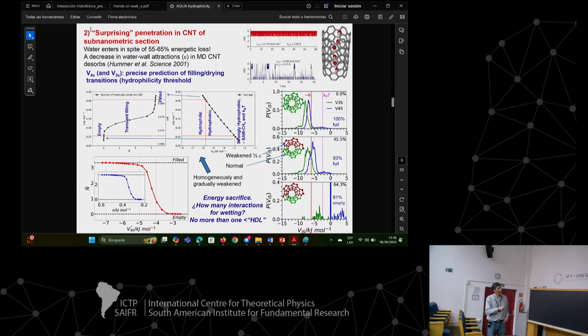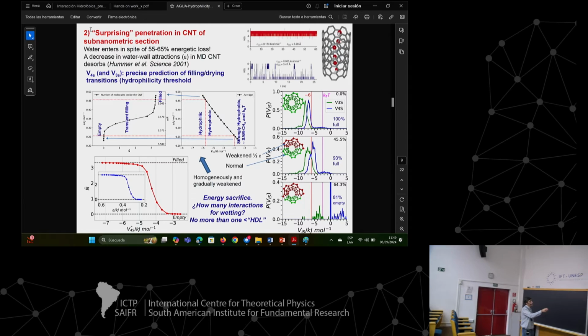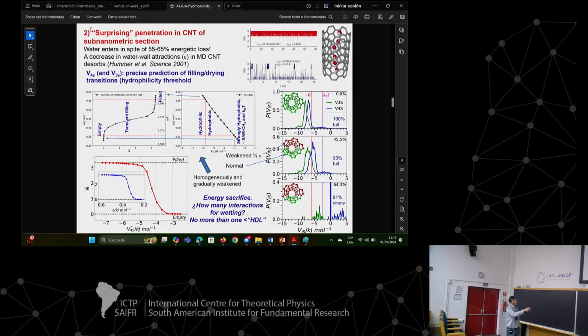Well, you can only sacrifice one interaction at the level of the defective molecule. If you sacrifice two of them, you're not going to be good at wetting. Here, you are sacrificing two, but the two of them still are above the threshold. Here, the two of them have crossed to the other side.